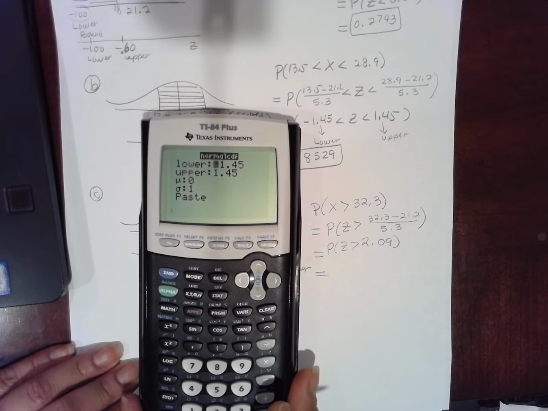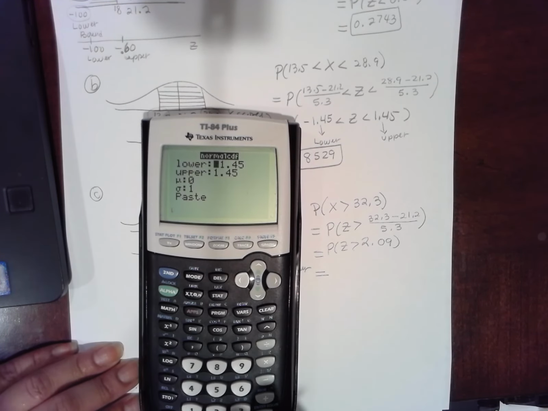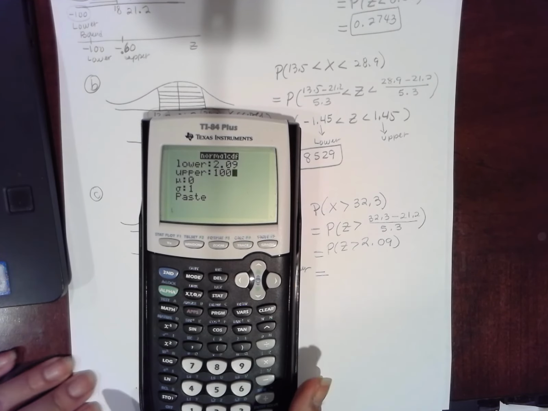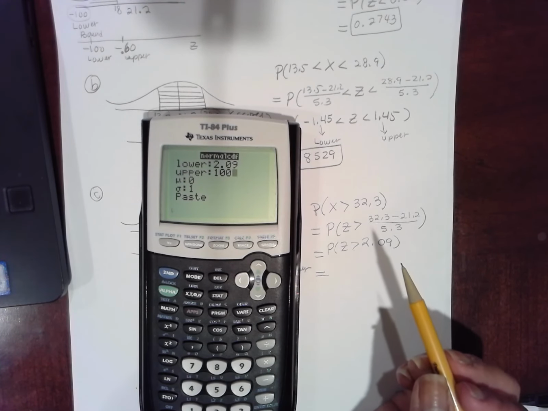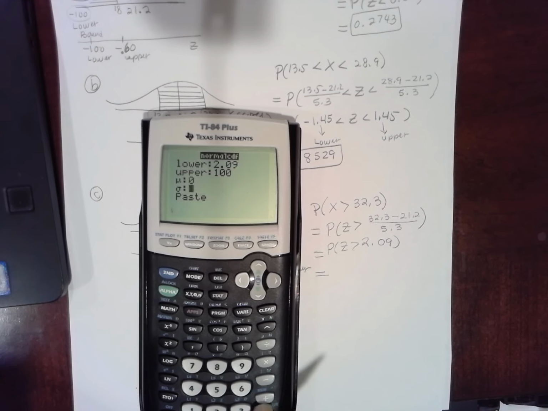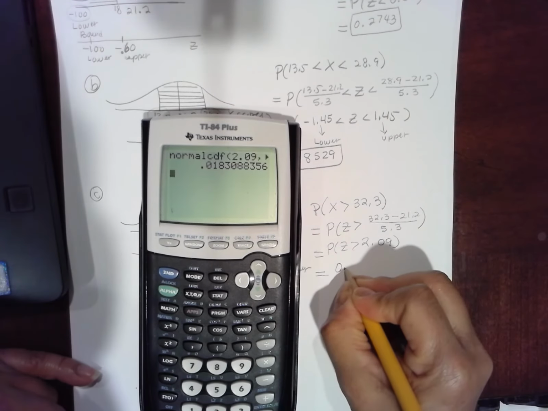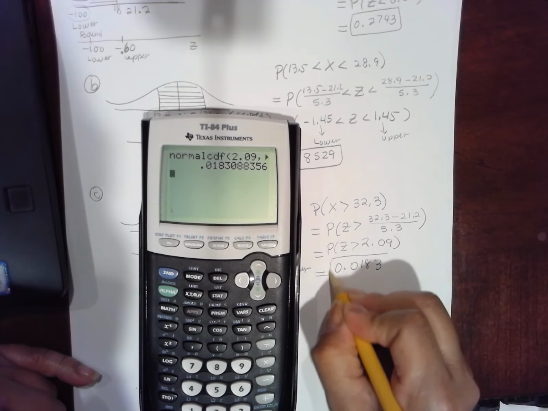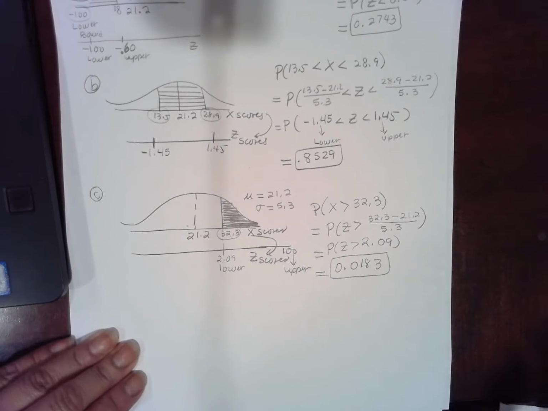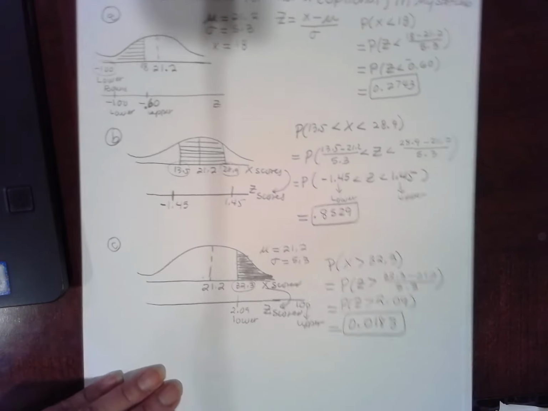So the lower is the Z-score, 2.09, press enter, and your upper is 100. I'm sorry, the 1.45 was from the previous question. Again, I do give you the instructions on the test, but make sure that you have your own Dora moment. Press enter, enter, enter, 2.09 to 100, and my answer for the probability is 0.0183. So this is the answer for the probability of a value to be greater than 32.3.